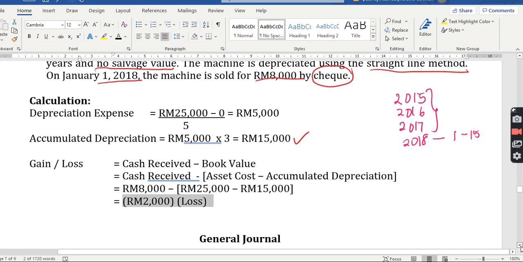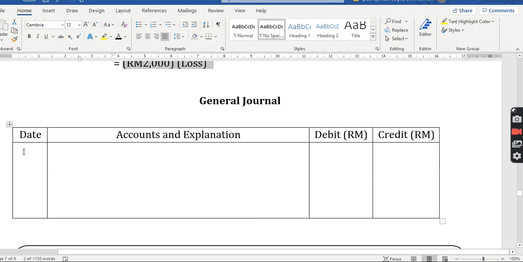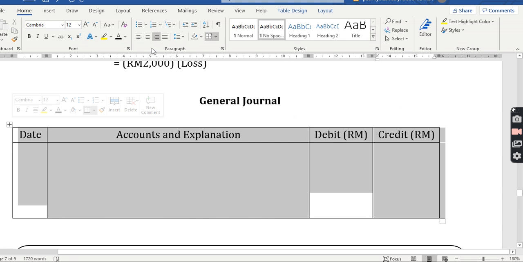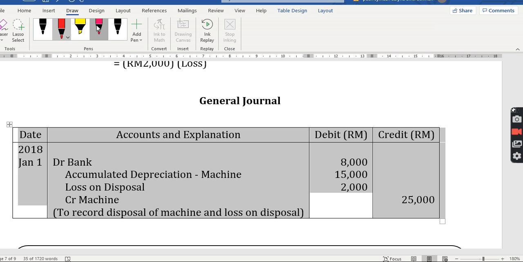So how do you journalize the transaction? The transaction is done on the disposal date, that is 1st January 2018.